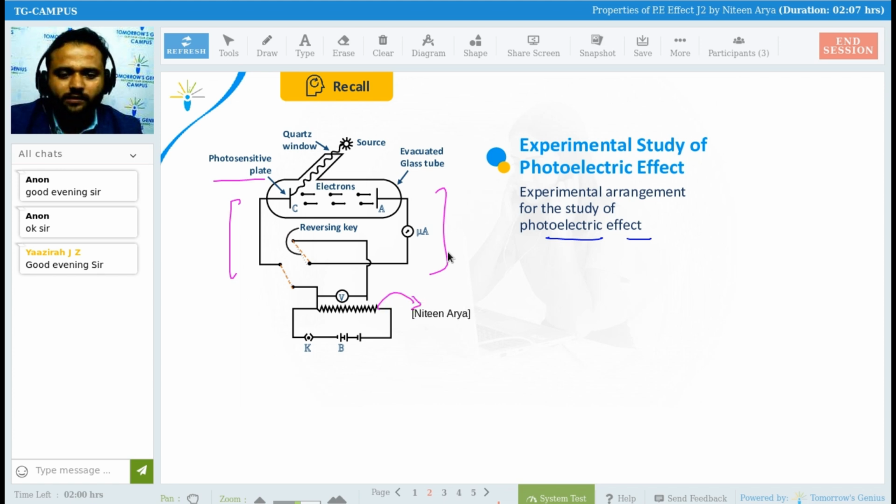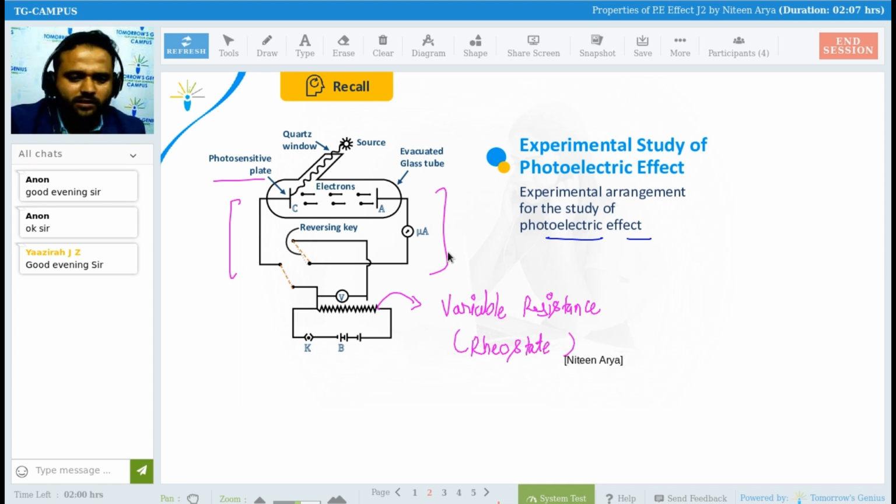Okay, this is your variable resistance, or you can say rheostat. Okay, this is your micrometer and this is the voltmeter, nothing as such. This is the key, this is the volt. So using this particular circuit, what do we get?